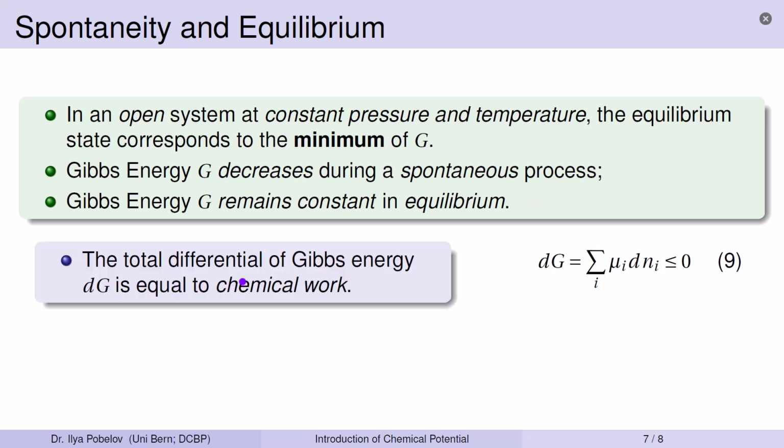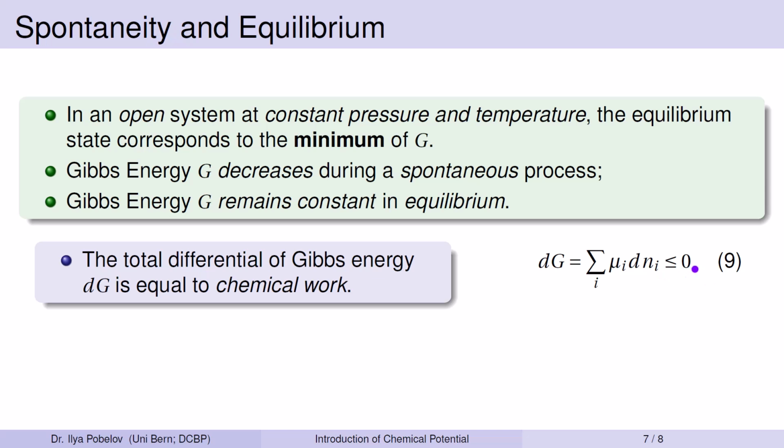We can attribute the decrease of Gibbs energy to chemical work, which comprises the transfer of particles between the system and its surroundings. The total differential of Gibbs energy, equal to the sum of chemical potentials multiplied by an infinitesimal change in the amount of substance of the corresponding species, must be negative or zero for spontaneous processes and equilibrium in an open system.